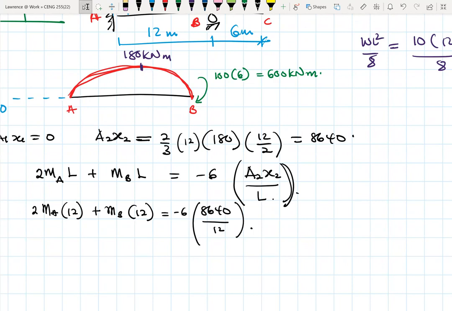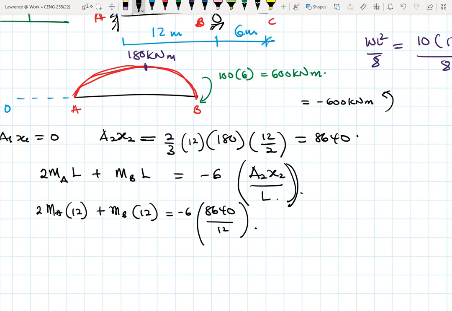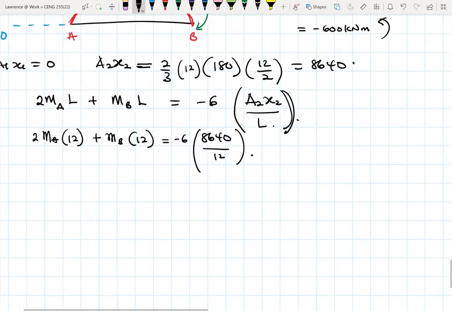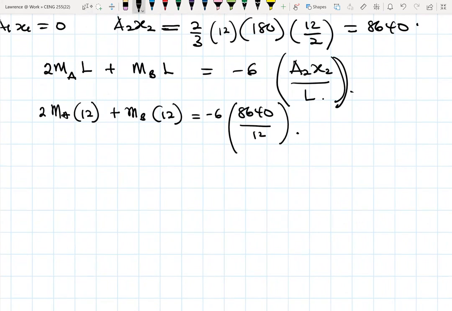Now we need to take into consideration the direction of the moment. The moment at B is causing a hogging moment or a negative moment. So in actual fact, this is minus 600 kilonewton meter, if we take these directions as the positive or sagging directions. So our equation then becomes 24 MA plus minus 600 times 12.